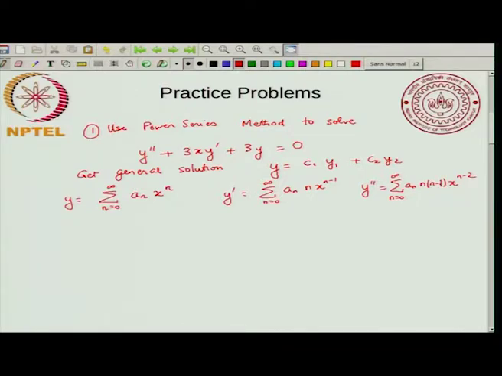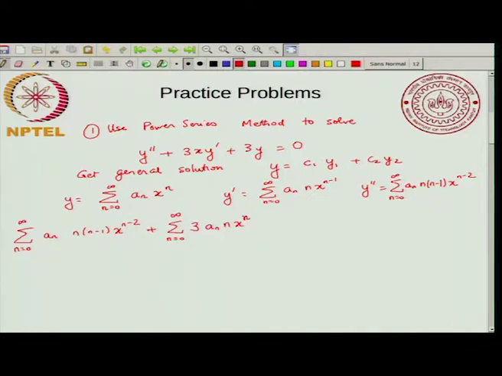Then you substitute in this equation. The y double prime term will be as it is, so I will write sum over n equal to 0 to infinity a n n into n minus 1 x raised to n minus 2. Then plus sum over n equal to 0 to infinity 3 times x into y prime, so I can write it as 3 a n n x raised to n, with a plus sign.